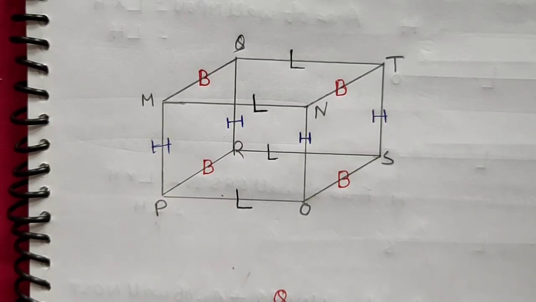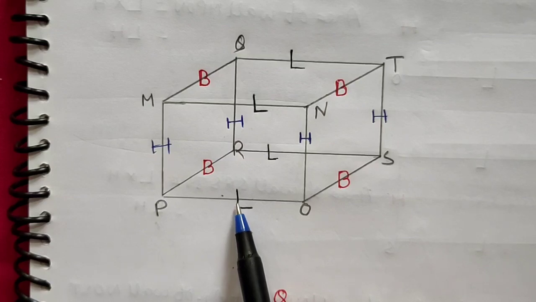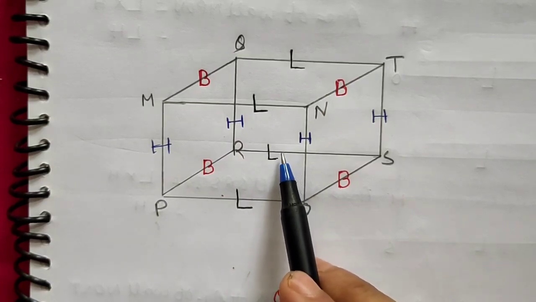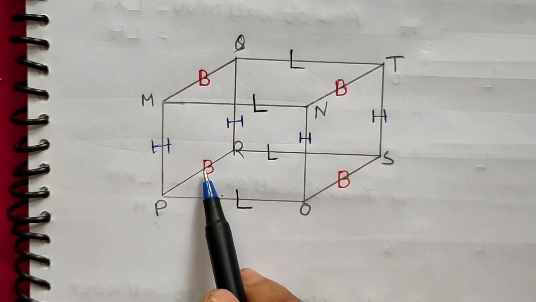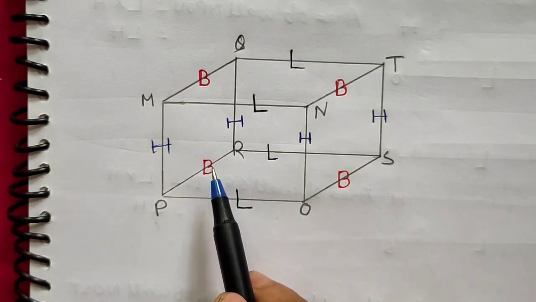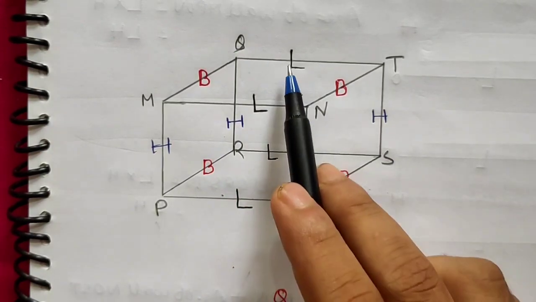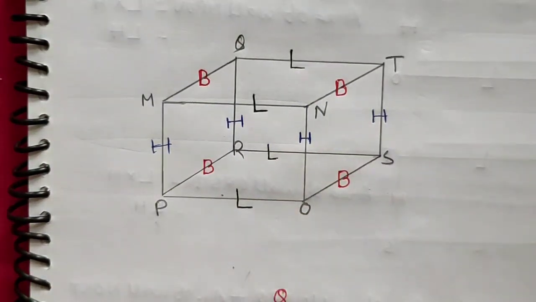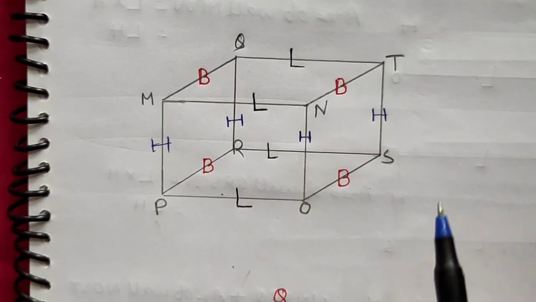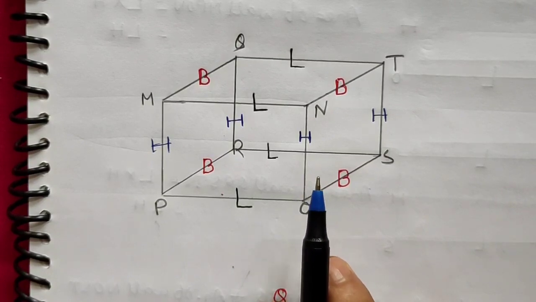If we consider the rectangular face at the bottom, there is length L, and its opposite side will also be L. If this side is B, then its opposite side will also be B. Same on this face: if this is L, then this is also L, and if this is B, then this is also B. Like this, all opposite sides are the same.